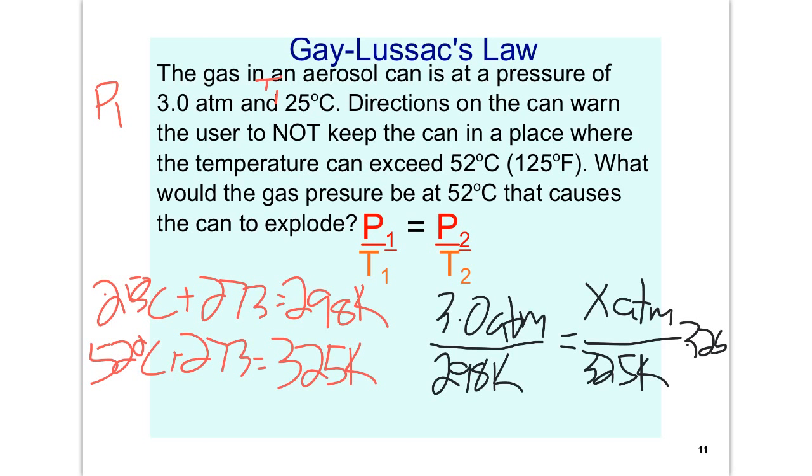Multiply both sides by 325, and we find that this gives us a pressure of 3.3 atms.